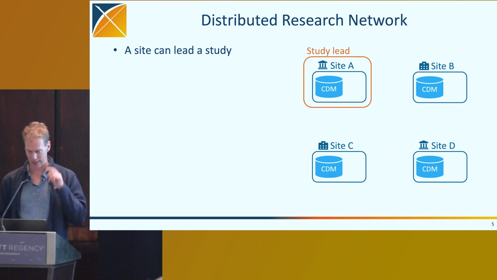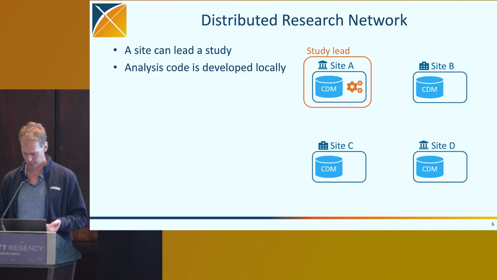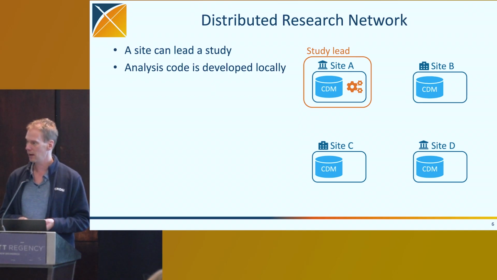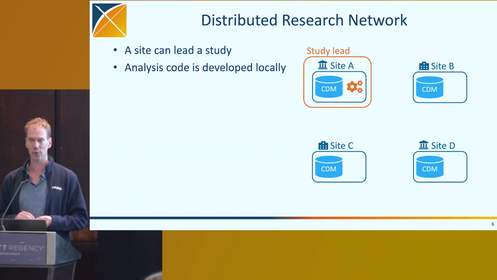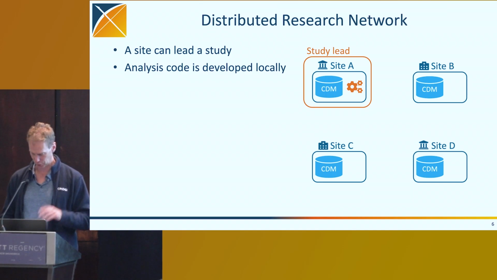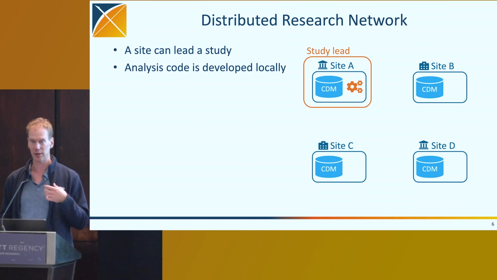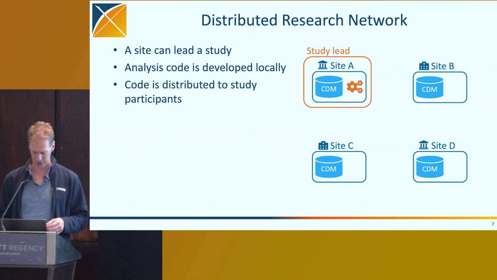Then any site could decide to lead a study. They would develop the analysis locally. And as Tara was showing you, we can use the Strategus package to create specifications that define the analysis. You can do that locally, and the software is designed so that you can then share those specifications with other sites.